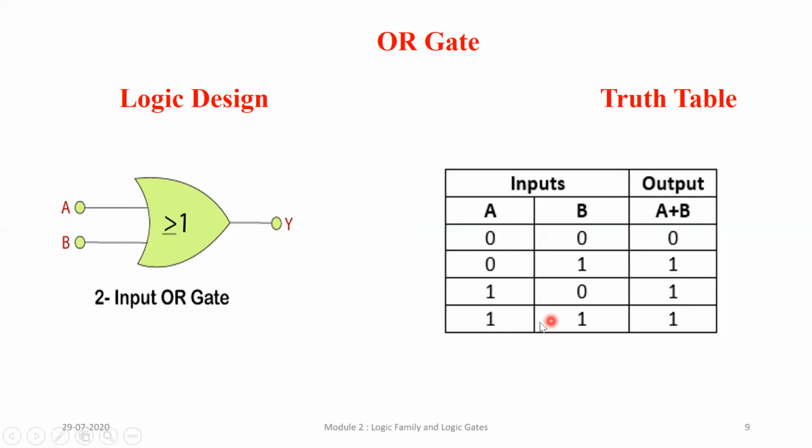Now, if you go to the simple binary addition that we studied in the last chapter, 1 plus 1 was 0 carry 1. That is not the case here. Any one input is 1, my output is 1. Here two inputs are 1, so my output is 1. So both inputs low, my output is low. When any of the inputs is high, that is 1, the output is 1.